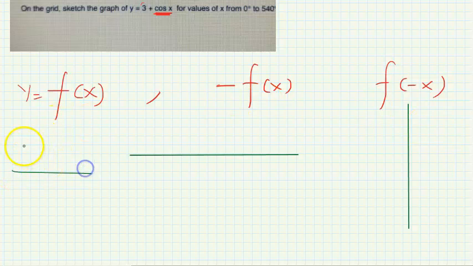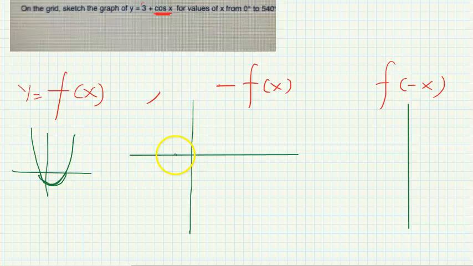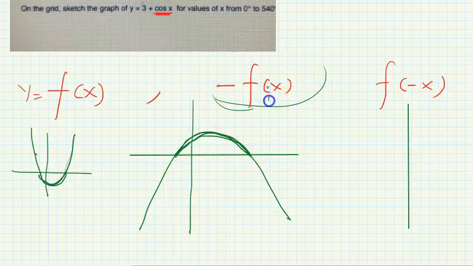If our graph is given like this, so the reflection in this axis is going to be first this reflection, then this reflection will come like this way, so this is minus f(x).